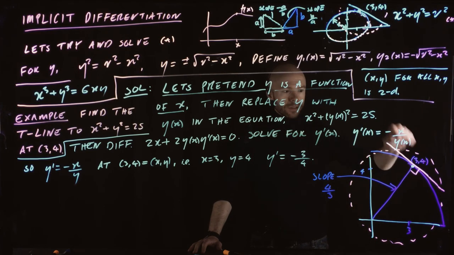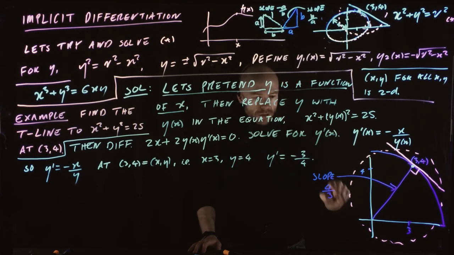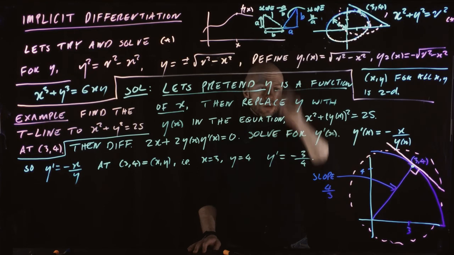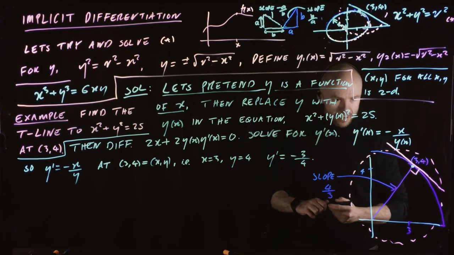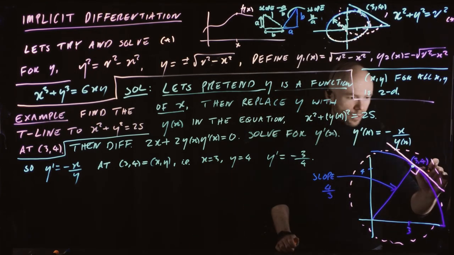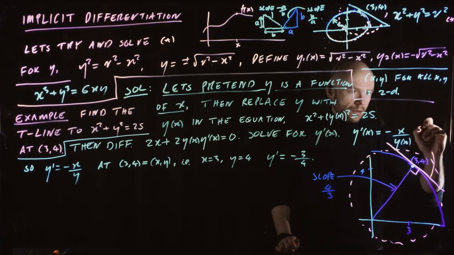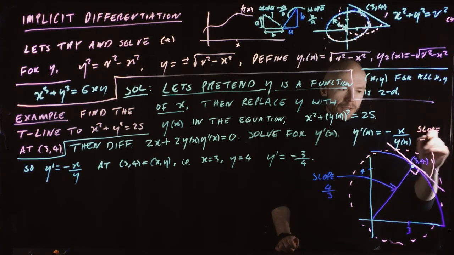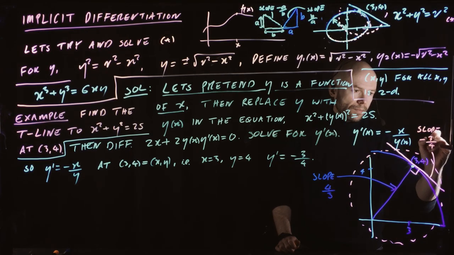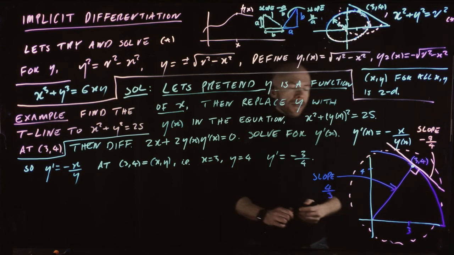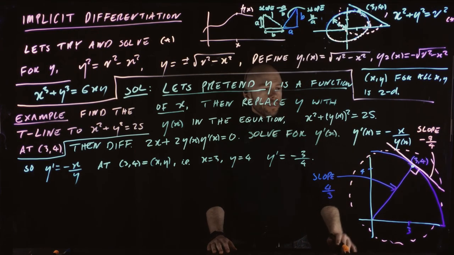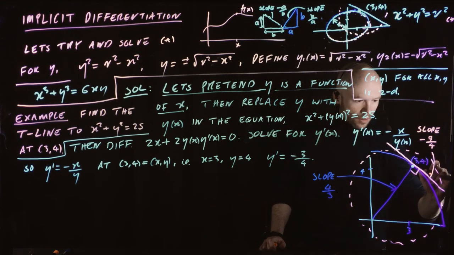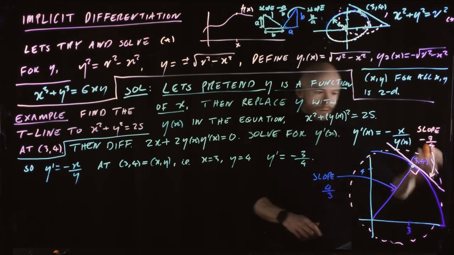All right, back to this. So we know this guy has slope 4 over 3. So by this thing, we know that the slope of this thing has to be minus the inverse of this, right? 3 over 4. So in this particular case, we can just figure it out from the pictures.